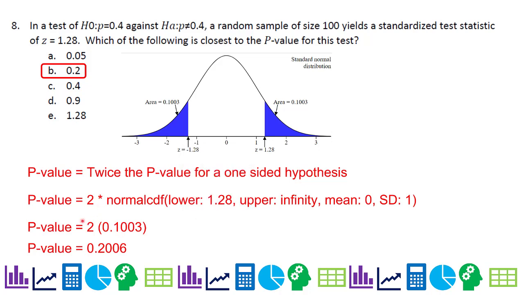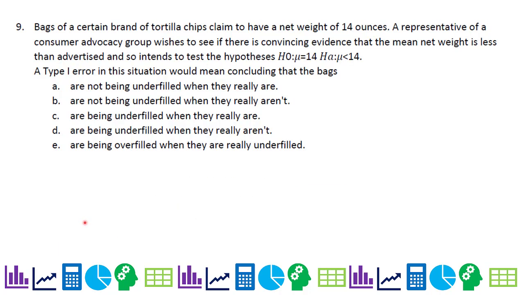So, next one. Number 9. Bags of a certain brand of tortilla chips claim to have a net weight of 14 ounces. A representative of a consumer advocacy group wishes to see if there's convincing evidence that the mean net weight is less than advertised, and so intends to test the hypothesis that the null is 14 ounces, and the alternate is that it's less than 14 ounces.